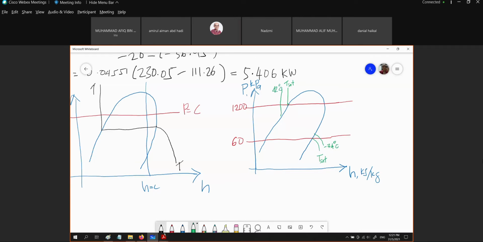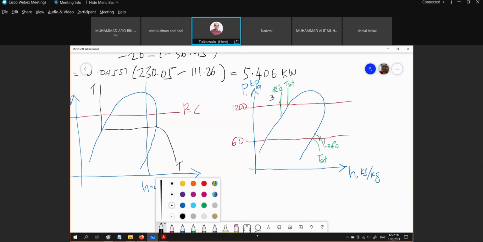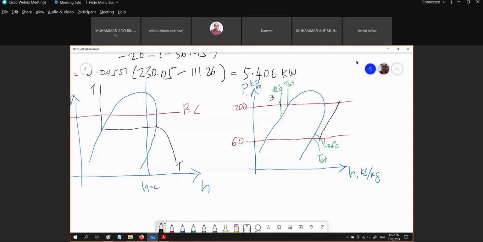So our concern is, this is state 1. This is state 3. And when we sketch the isentropic compression, it will look like this. This is our 2S.